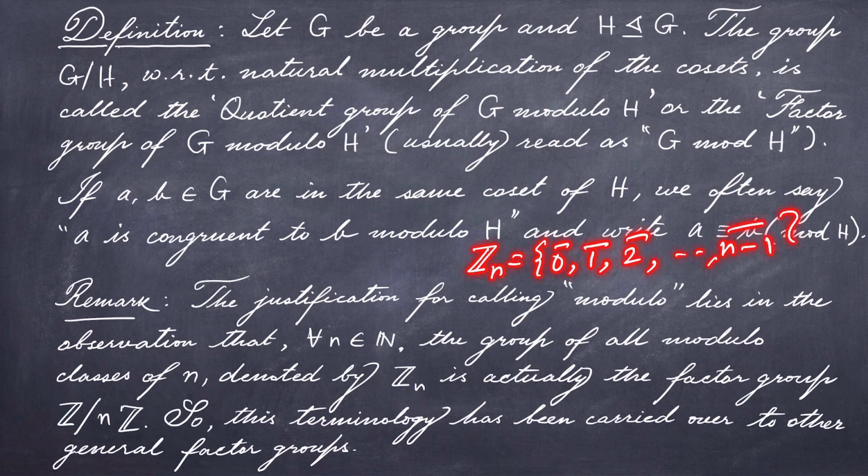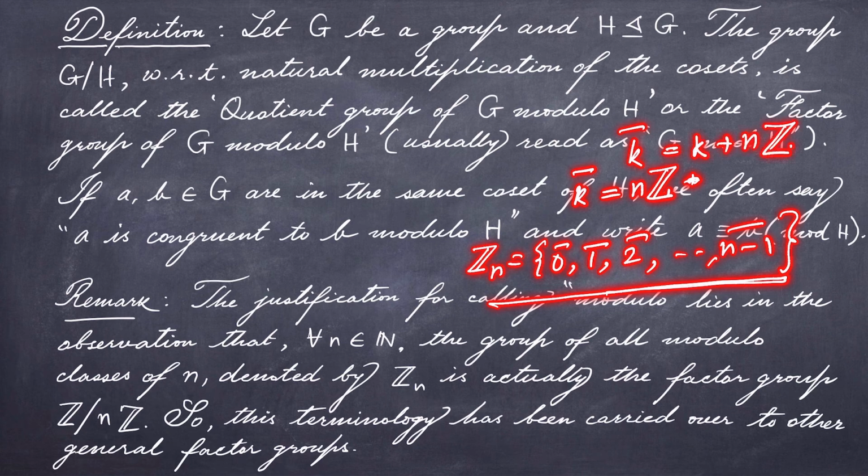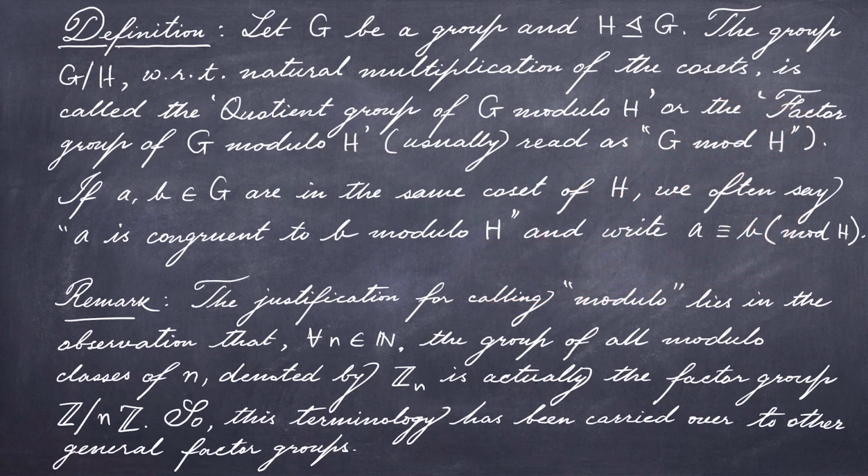If you observe more carefully, k bar is nothing but the numbers which leave remainder k when divided by n. So k bar is nothing but this coset.